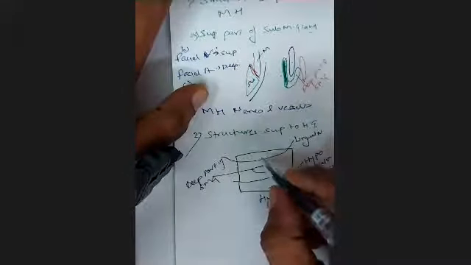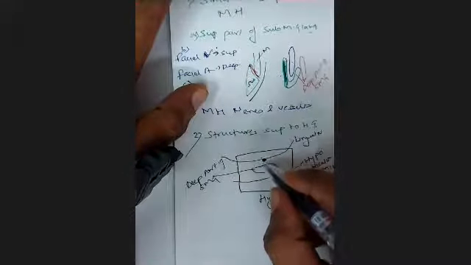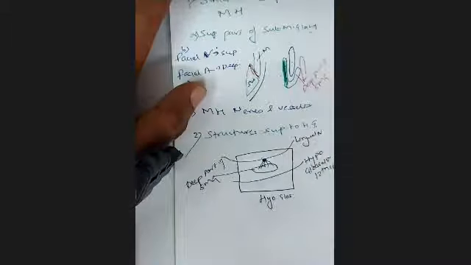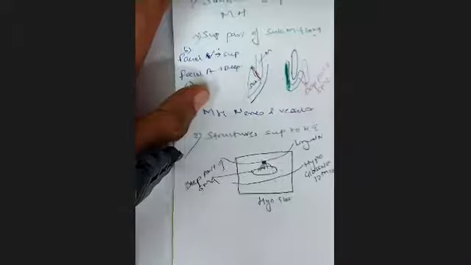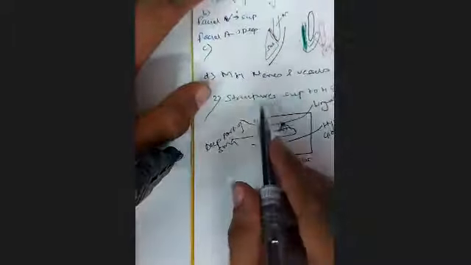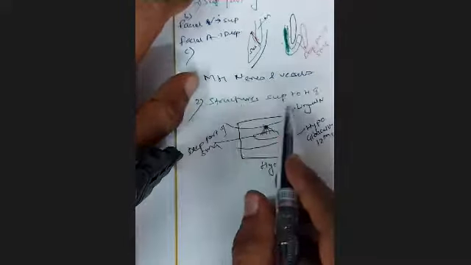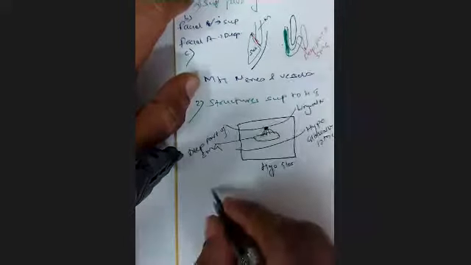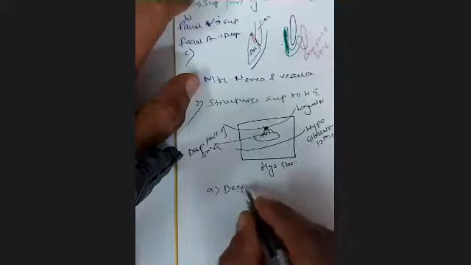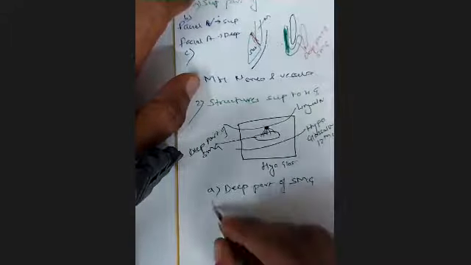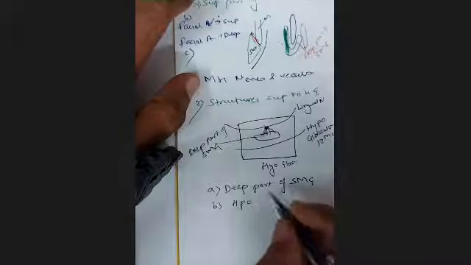Here, attached to the lingual nerve is the submandibular ganglion, and from that, fibers go to the deep part of the submandibular gland. So, if I have to enlist the structures in the digastric triangle which are lying superficial to the hyoglossus, I would say deep part of submandibular gland, hypoglossal nerve.